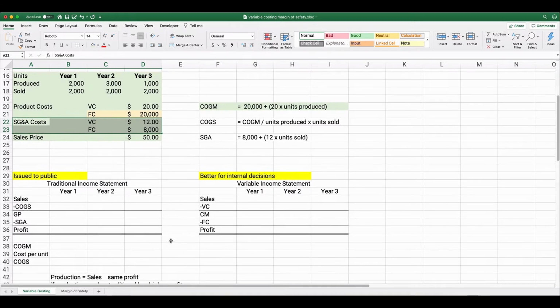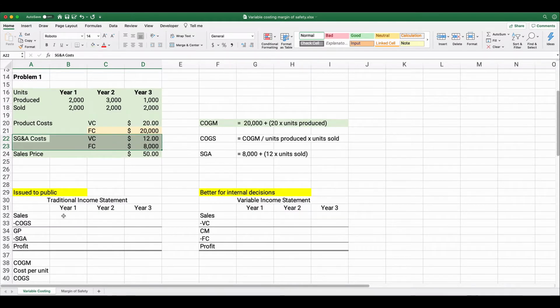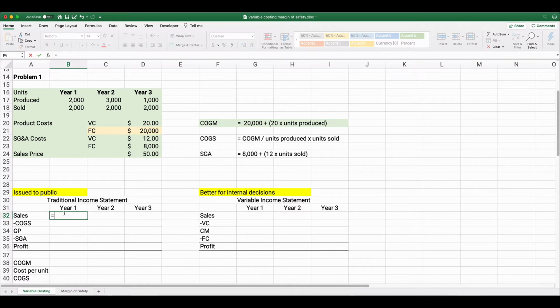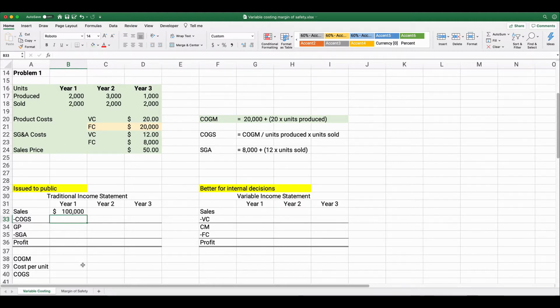All right, so let's calculate the traditional income statement. We have 2,000 times the $50, so we have sales of 100,000, and we can go all the way across. It's going to be the same thing every time. Now to get cost of goods sold, first we need to calculate cost of goods manufactured.